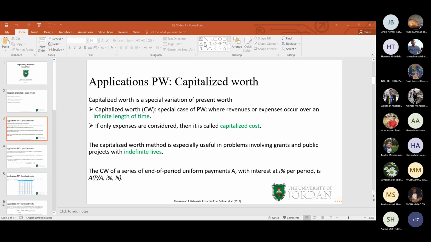I'm not going to say forever, but as long as the bridge exists, and usually those bridges would be designed to be there for 50 or 100 or 150 years. It would be easier to use the capitalized worth or capitalized cost in order to calculate these values.